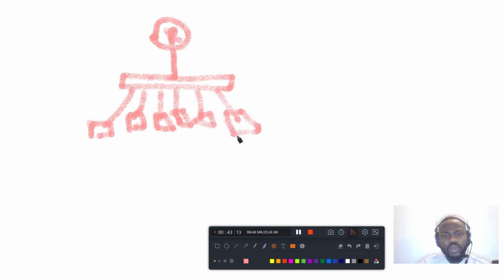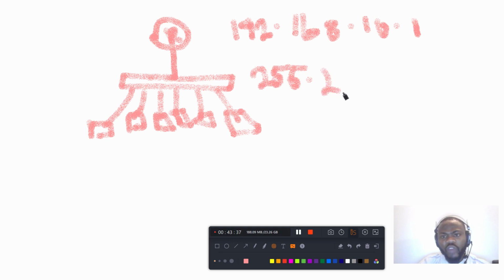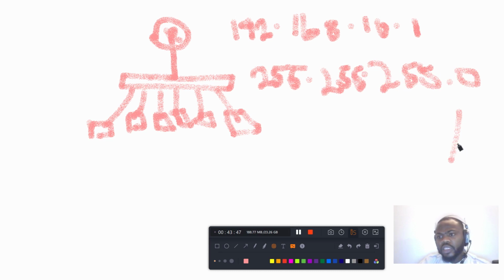If you are given one IP address to share with this, 192.168.10.1, you are going to be told in all questions either that you use this subnet mask 255.255.255.0, or you are given slash notation. The slash notation here is /24.